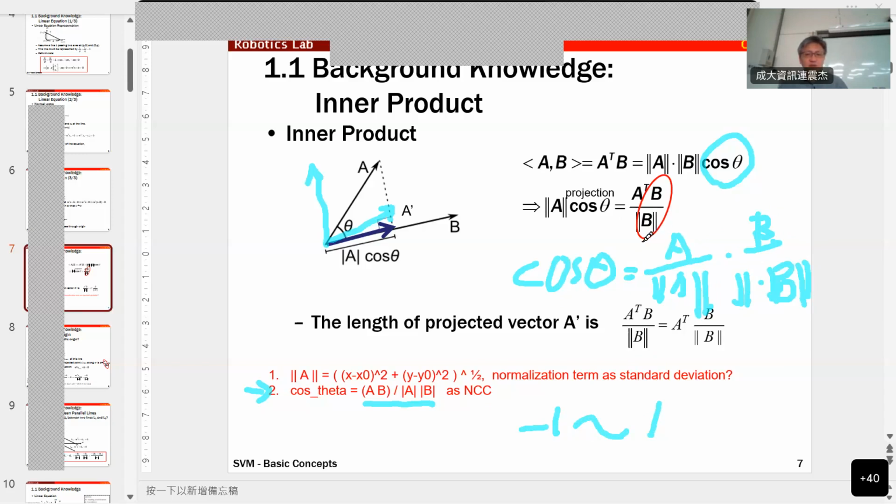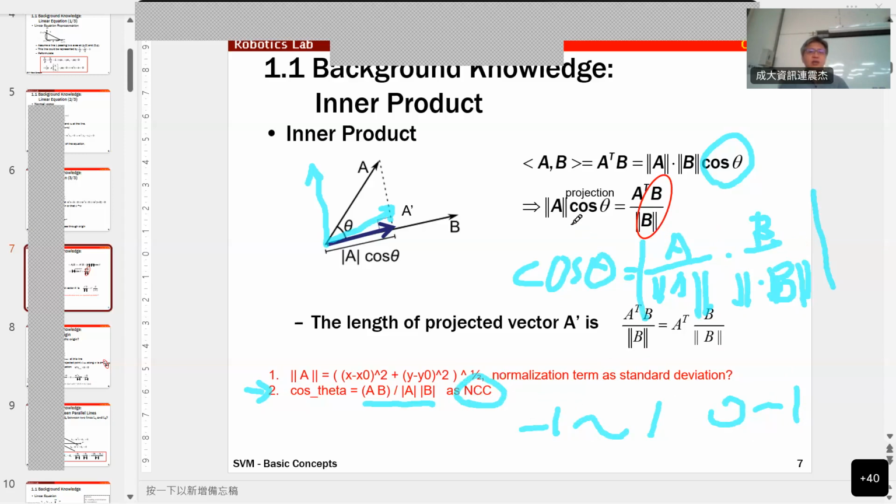But if I take the absolute value, then it is between 0 and 1. So this is what we call normalized cross correlation, the NCC. So cosine theta is the NCC, the relationship between two unit vectors.